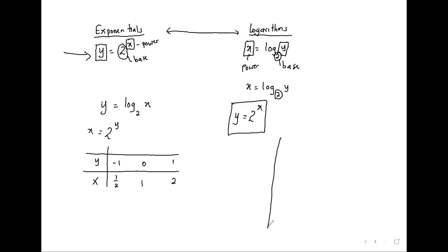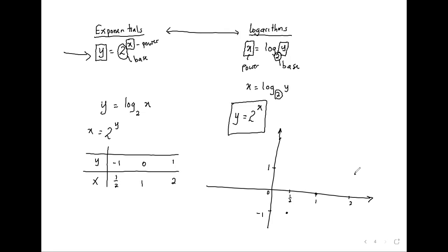And then the graph will come out. So here we have y: -1, 0, 1, and x: half, 1, 2. So we have a point there, a point there, and a point there.